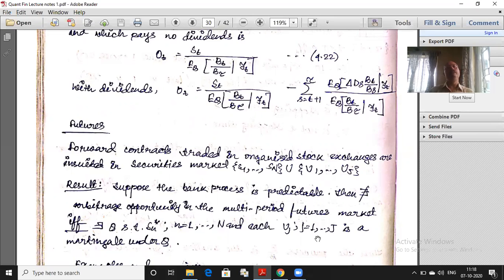So basically, if I think of our payoff matrix as before, now the payoff matrix has become bigger. There are more assets, but still the same condition holds. Is this clear?